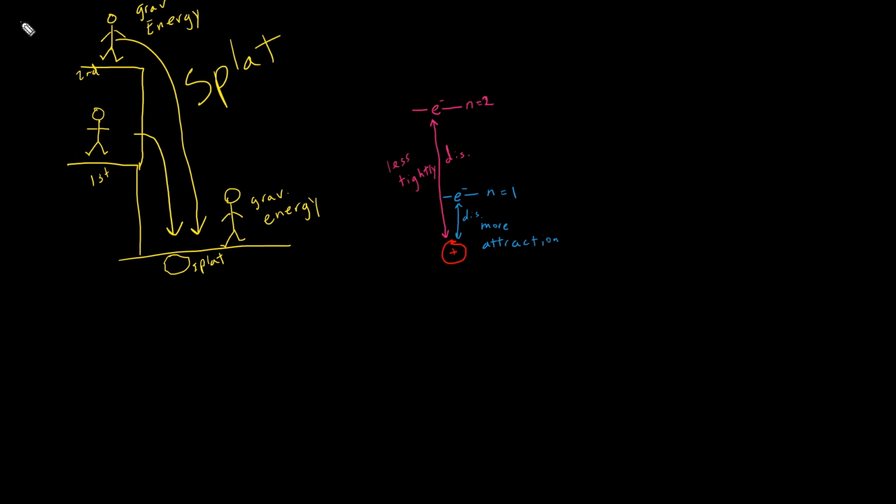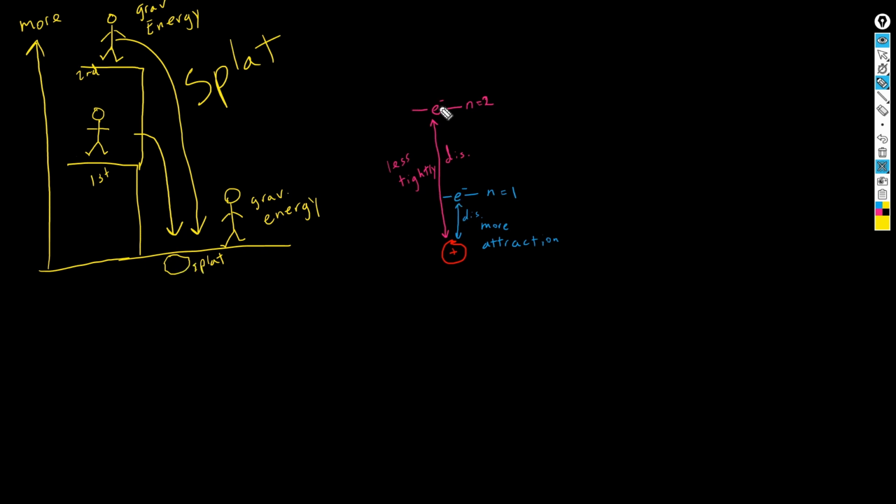So the gravitational energy is going to go up as we move away from the ground floor. And that's because there is more distance that gravity is pulling you down towards what is essentially ground zero, which is the ground floor.